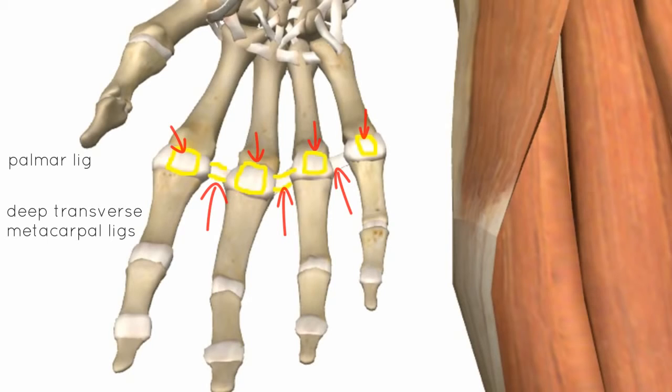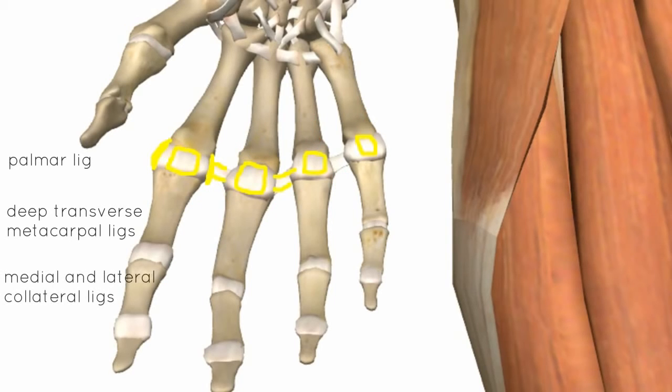And then on the sides of the joint, you've got collateral ligaments, medial and lateral collateral ligaments. Just to run through that again, you've got a palmar ligament, you've got deep transverse ligaments which link the palmar ligaments together, and then you've got medial and lateral collateral ligaments, and these help to reinforce the joint capsule.